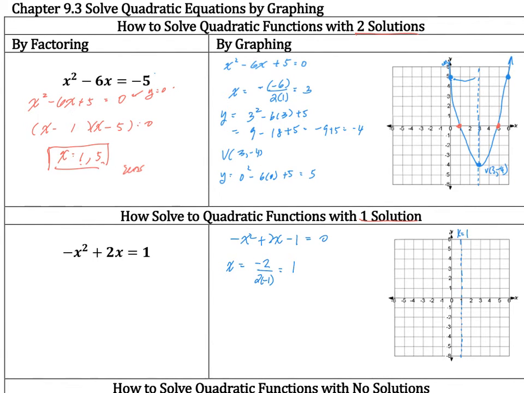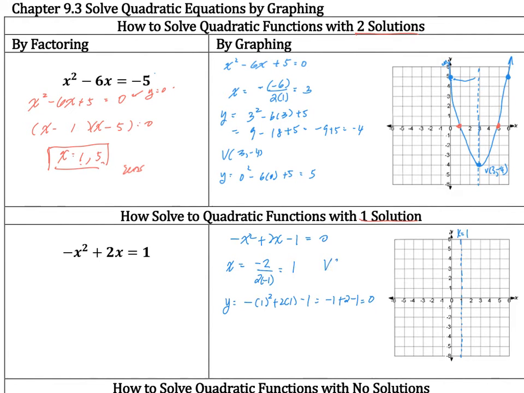And then I'm going to let 0 here be y, and then I'm going to look for the vertex. So I'm going to substitute 1 in for x. So that would be at 0.